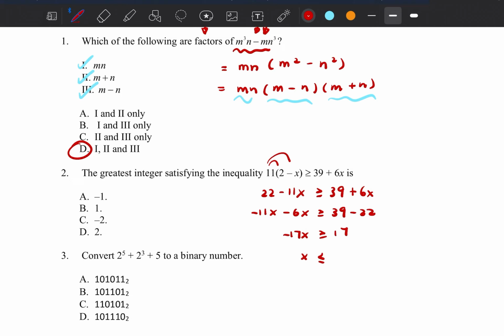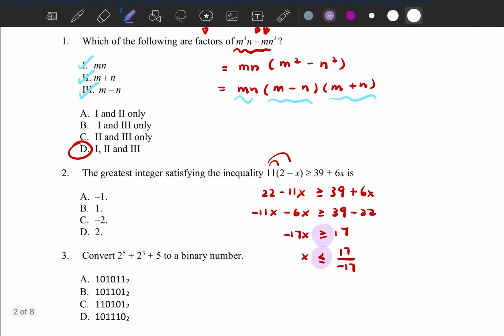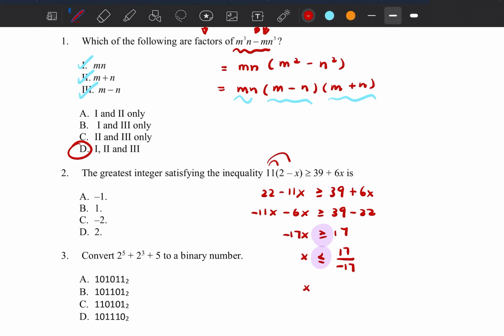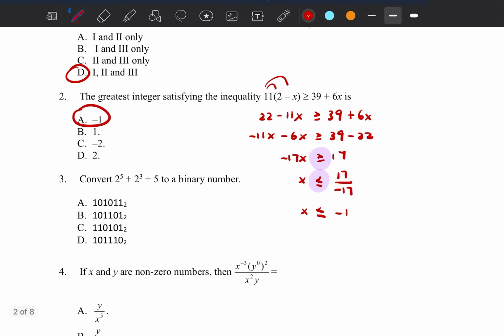Then divide by negative 17. When you divide by a negative number, you can see that the sign changes. So x is smaller than or equal to -1. So the greatest integer that satisfies this will be -1, because -1 is included as well, with the equals.